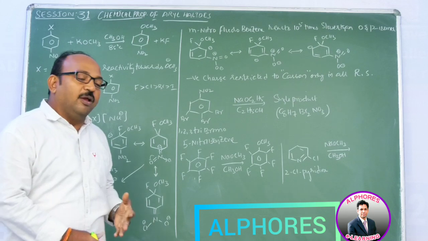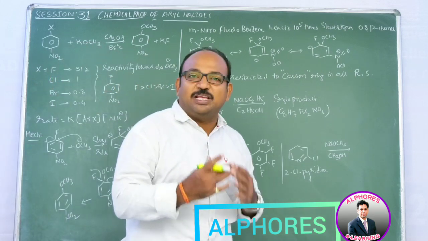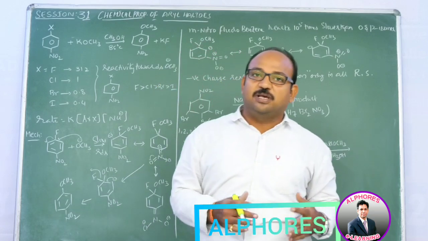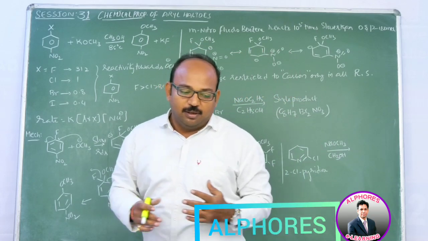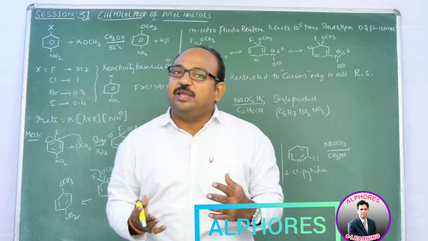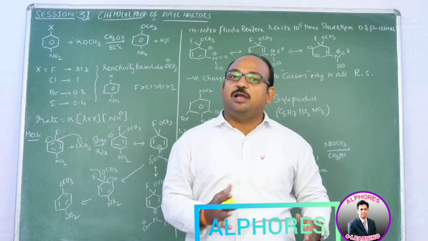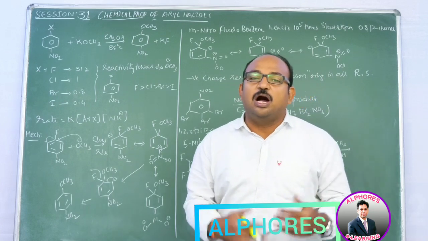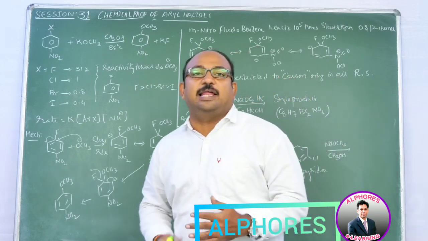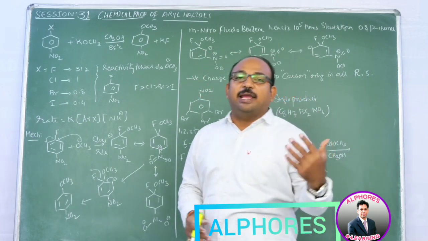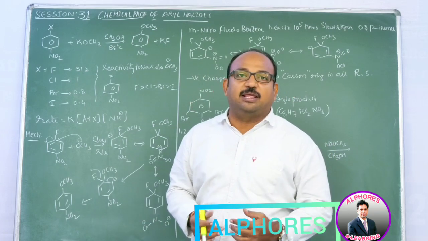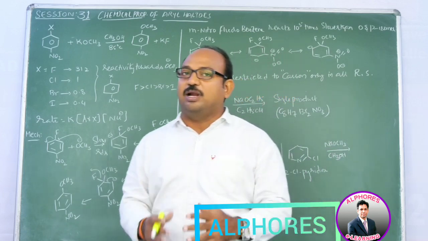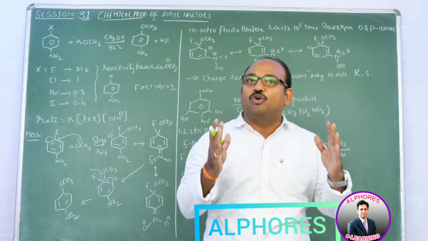Fine. The same thing applies in displacement reactions for alkyl halides. If you observe, there we learned that displacement reactions depend upon the leaving group, the leaving tendency. Hence the order of reactivity of alkyl halides is alkyl iodide greater than alkyl bromide greater than alkyl chloride greater than alkyl fluoride.